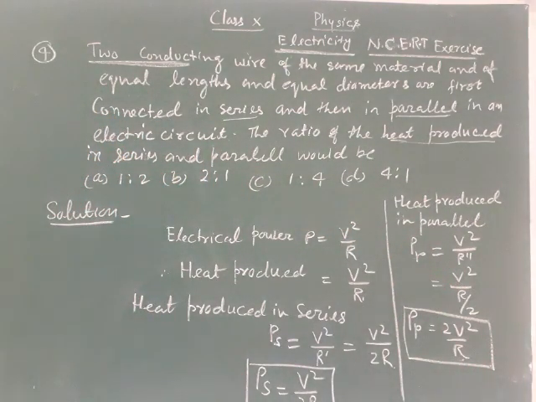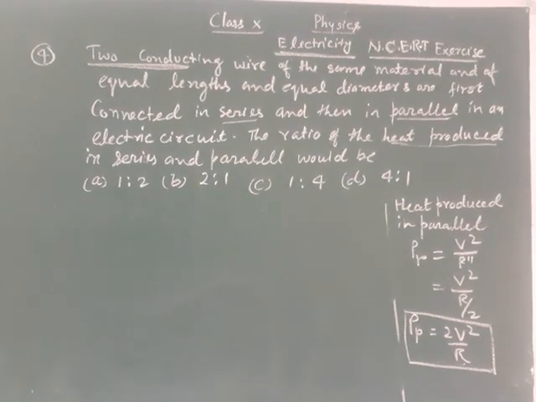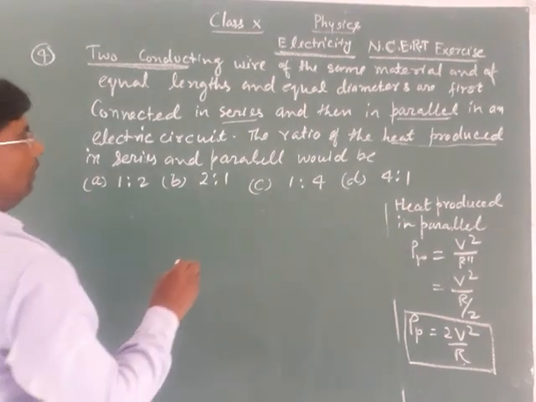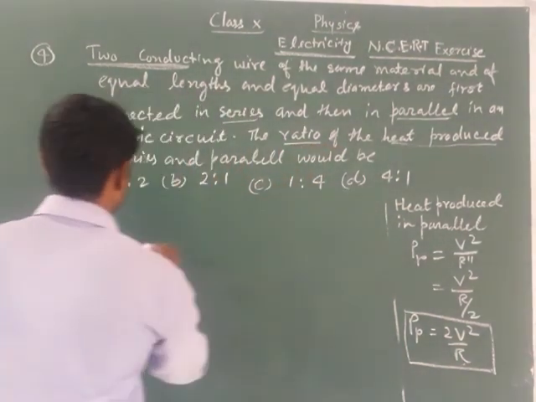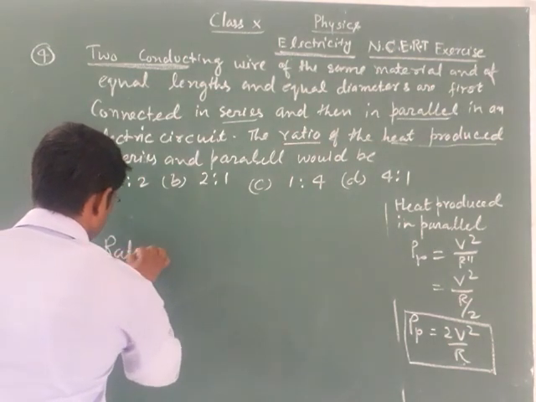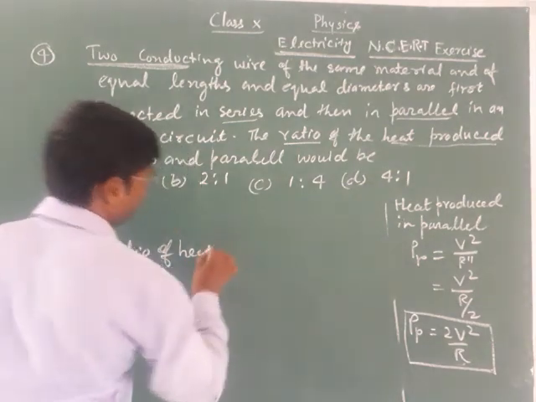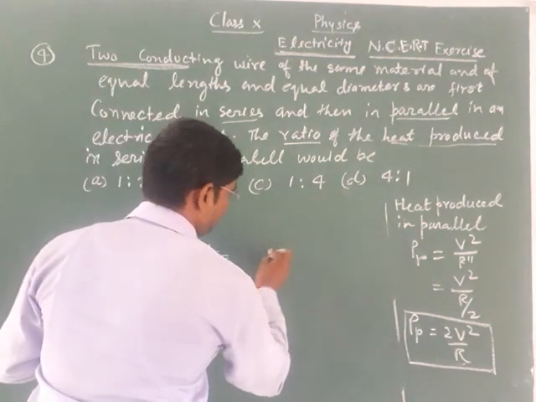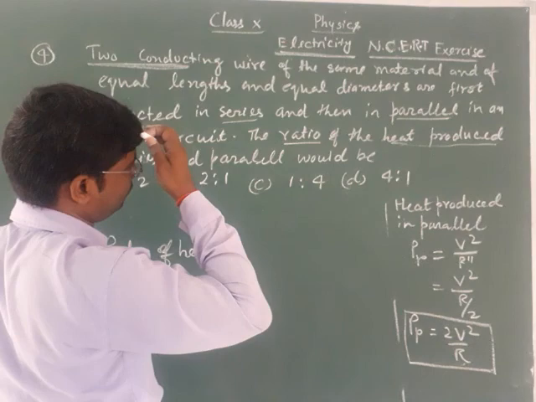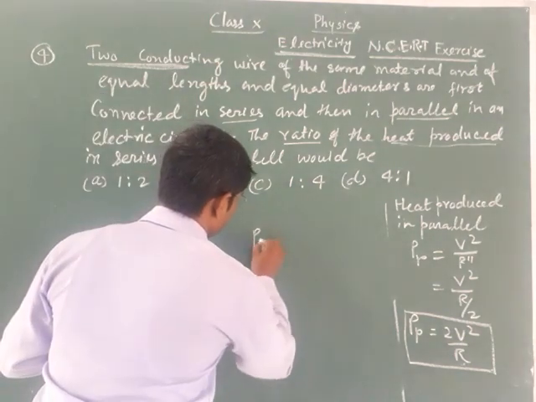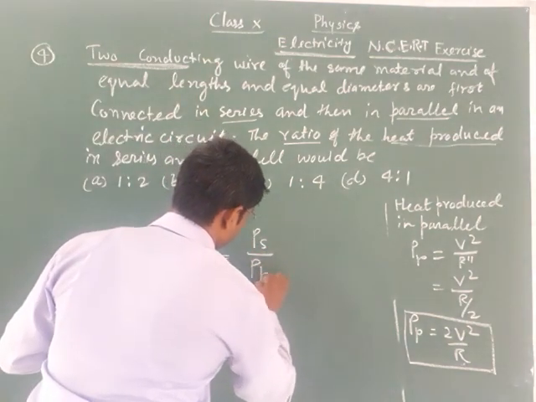In series, the ratio of heat is equal to Ps upon Pp.